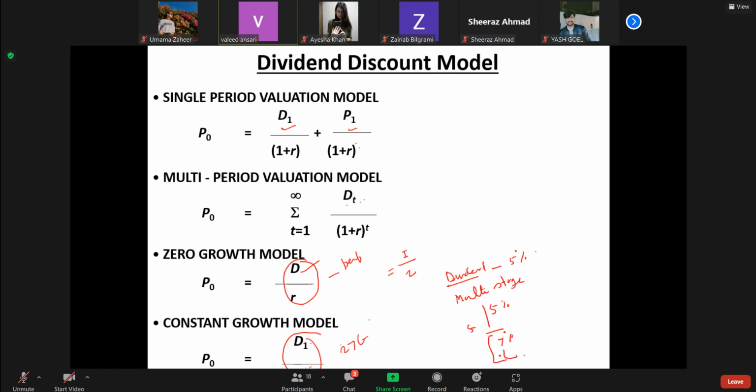So there will be multiple stages first, and then a steady growth. So the formula has to be adjusted for the growth of a certain period, plus the growth as specified, and then plus n. So it becomes unnecessarily complicated, but that can also be used. So I am skipping that. I am using this formula, which is quite representative of equity valuation.